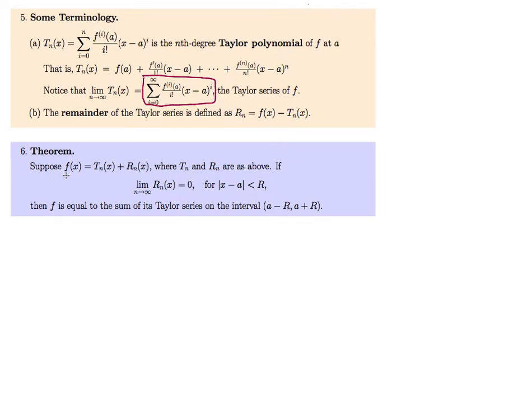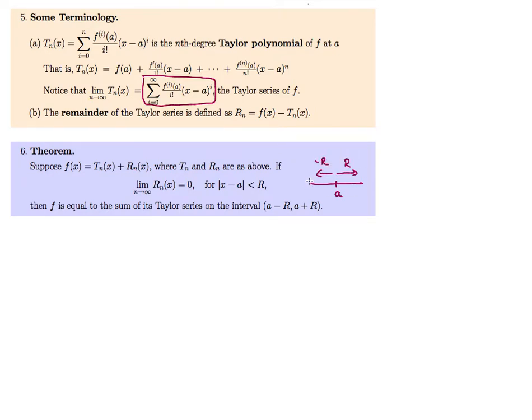It says that suppose we have our function, which is the nth Taylor polynomial plus the corresponding remainder, using that Taylor polynomial as an approximation to f. Then if the limit of the remainder goes to 0 for |x - a| smaller than r, so on this interval about a, remember that just indicates that we're looking at an interval centered at a, where we go off r units in either direction.